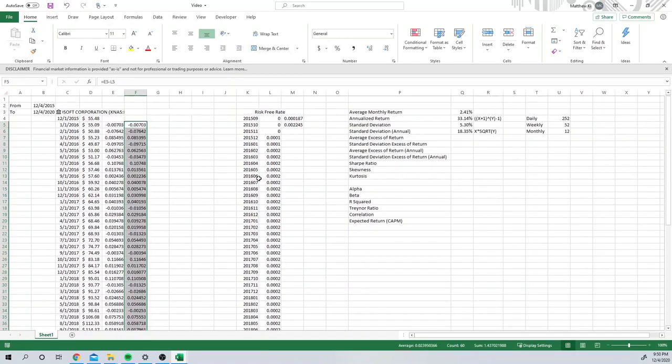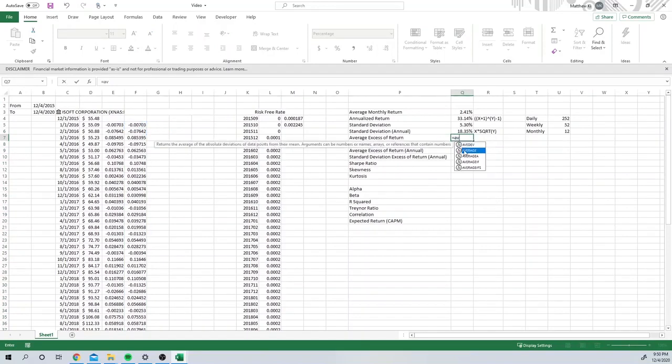All right. Now we take the average of that. Oops, actually, hold up. Average. And then let's just take the average standard deviation. All right.